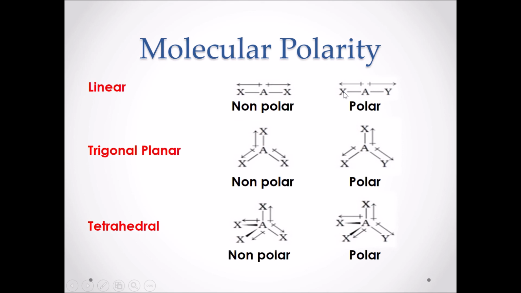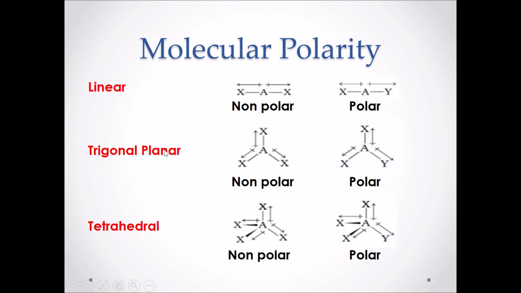But the moment we change one of the outer atoms, for instance, we have X, but now we have Y, their bonds will no longer perfectly counteract each other, so this molecule would now be polar.